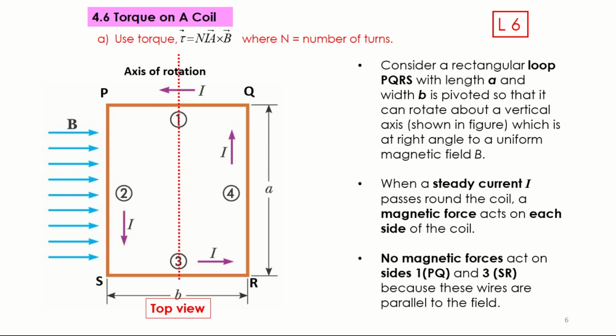But there is no magnetic force on side 1, PQ, and side 3, SR, because these wires are parallel to the magnetic field.